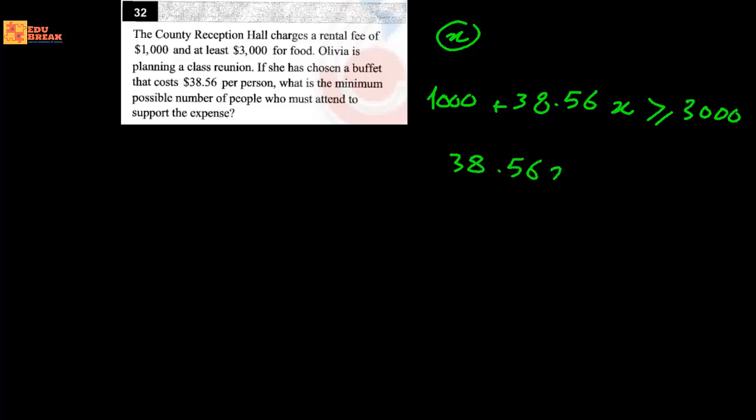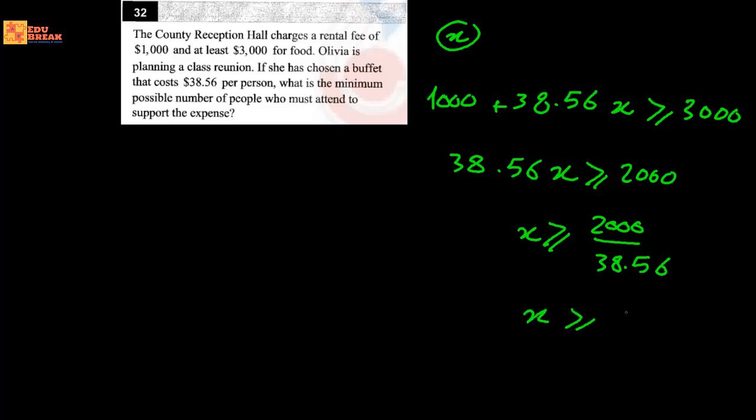Subtract 1,000 from both sides, so it will be 2,000, and divide both sides by 38.56, so x is greater than or equal to 2,000 over 38.56. Using the calculator, it will be 51.87. So the minimum number will be 52. Okay, question 33.